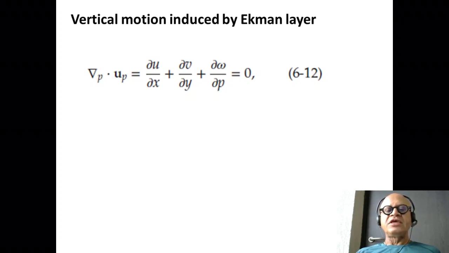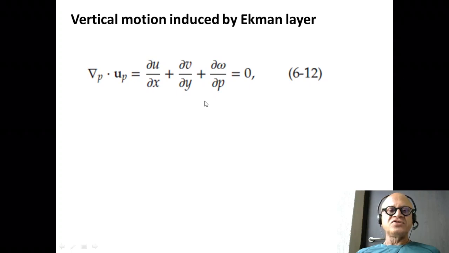pressure coordinate, the continuity equation or the mass balance. Remember, we had taken out rho by using the pressure coordinate, which made the continuity equation look almost the same as the incompressible flow, except in the incompressible flow you have vertical velocity and dz. Here we have d omega dp, where omega is the velocity in the pressure coordinate.